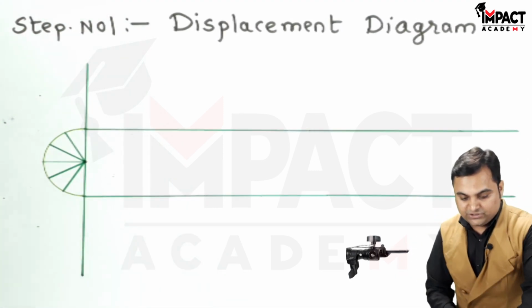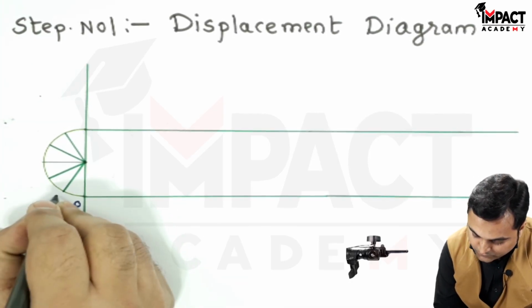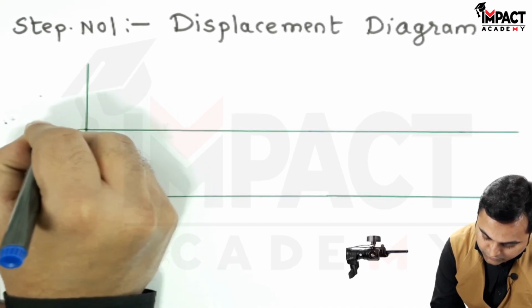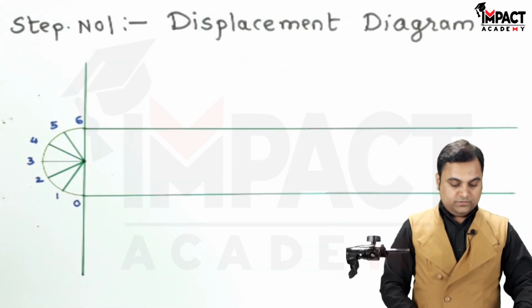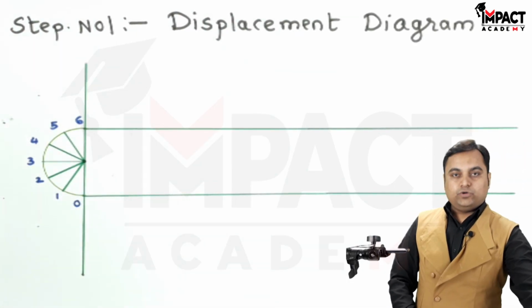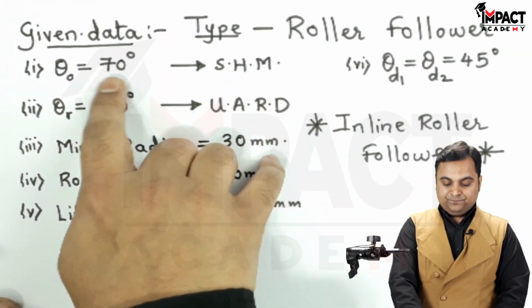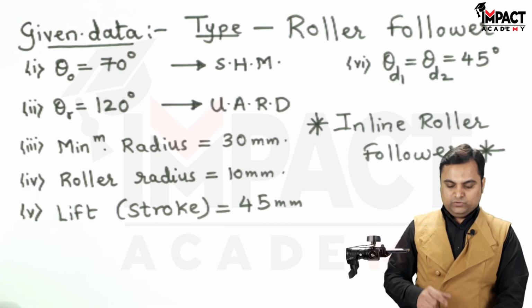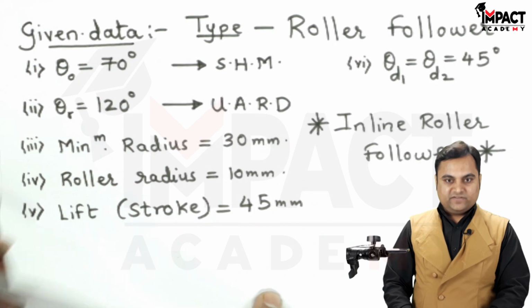Now I'll give the notation, starting with 0, first, second, third, fourth, fifth, and sixth. Then, as the outstroke is 70 degrees with S.H.M., I would be taking the scale as 1 centimeter equal to 10 degrees. So since this is 70 degrees, it would fit into 7 centimeters.